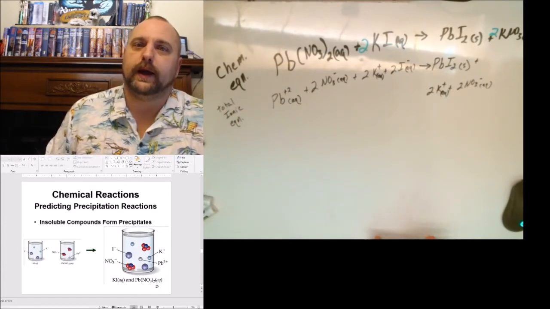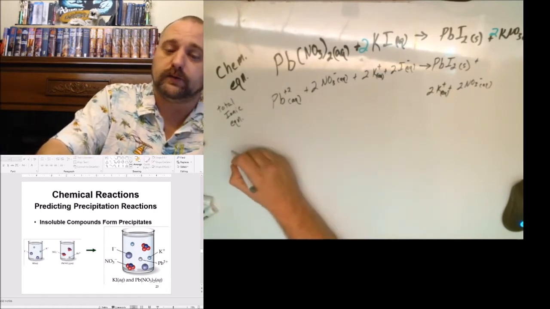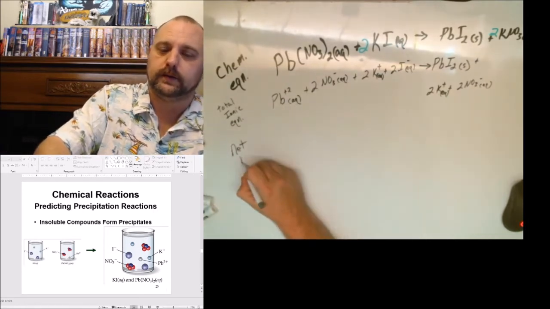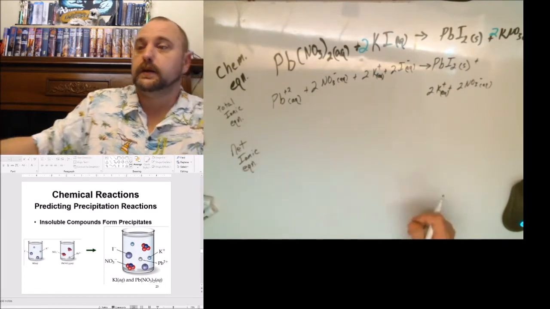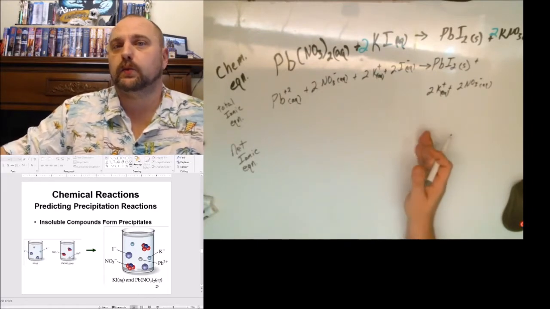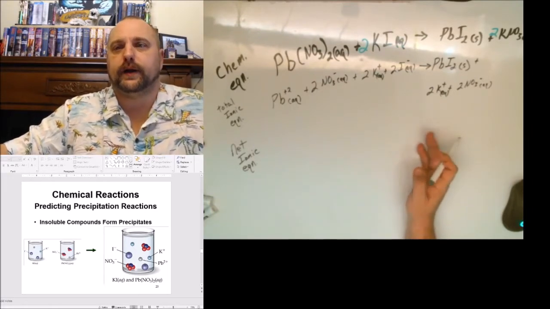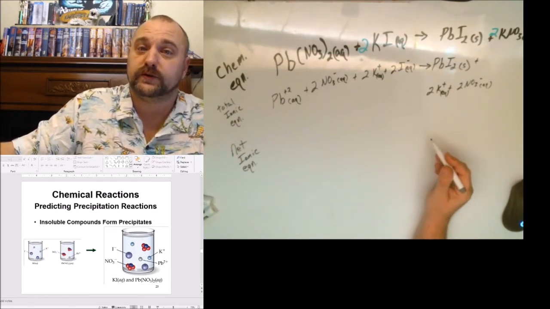We will never ever ask for the total ionic equation. What we do ask for is the net ionic equation. The net ionic equation is what was the wow factor, what made the precipitate. So these are for precipitation reactions.